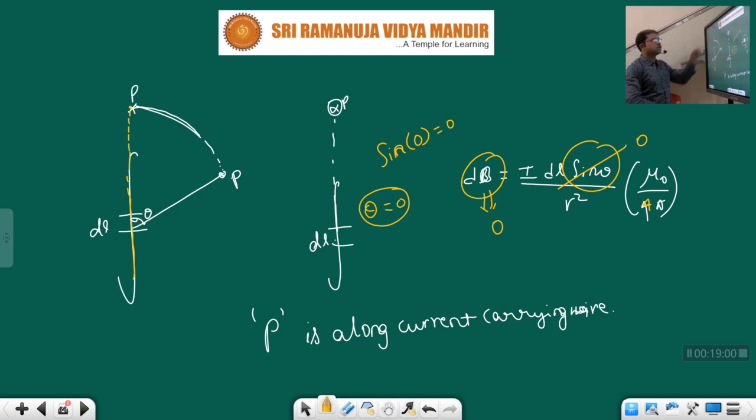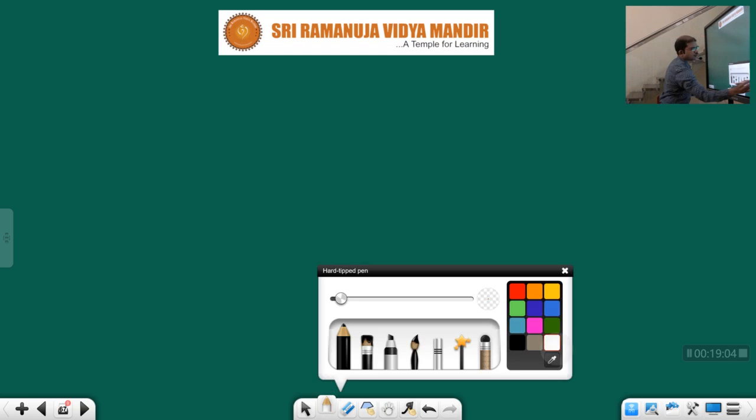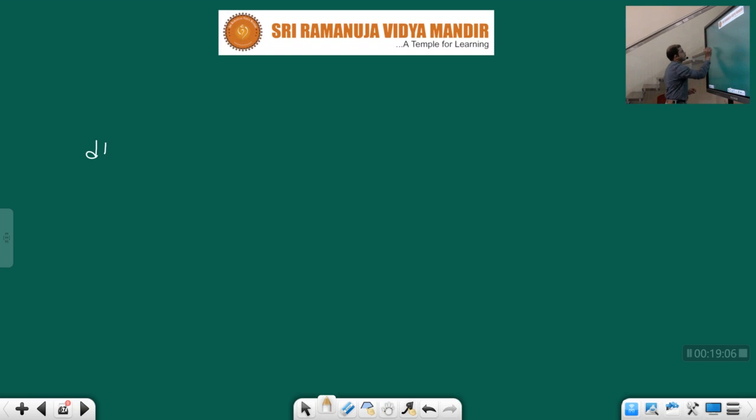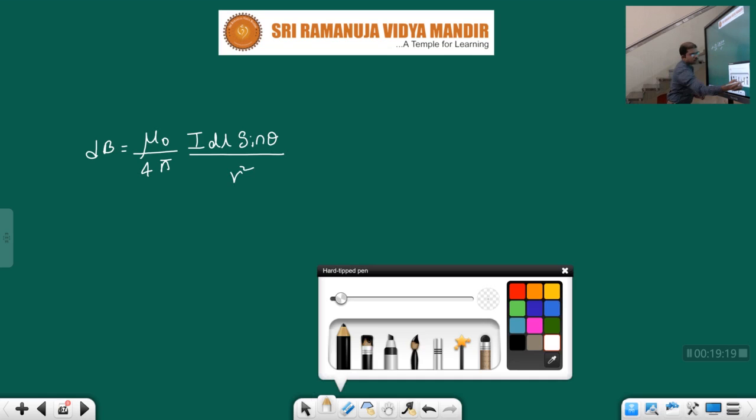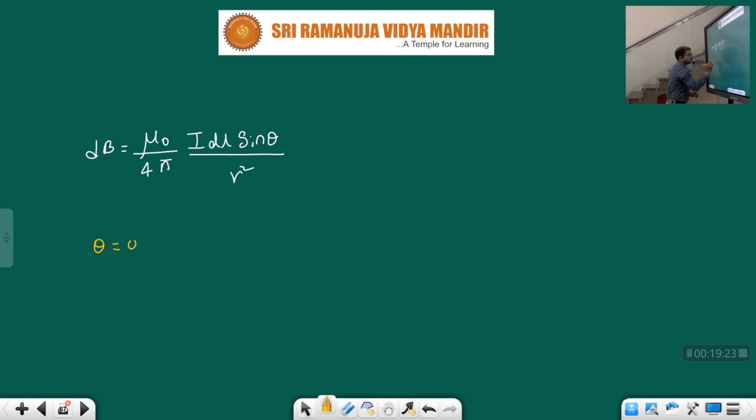So whenever theta is 0, see children, very very important point this one. dB is equal to mu naught by 4 pi I dl sine theta by r square, right? Suppose if theta is 0, then obviously sine theta will be 0, right?